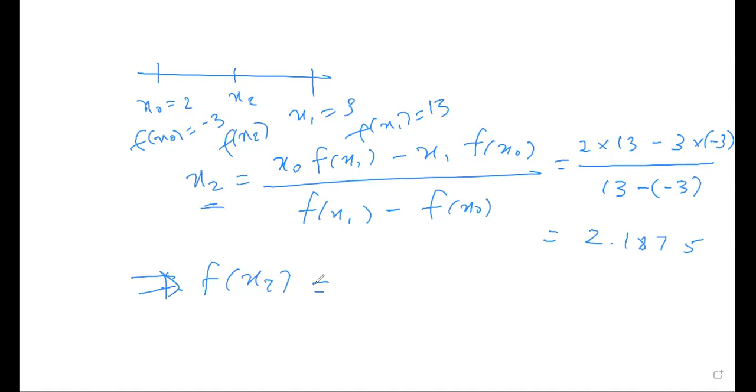Therefore, f(x2) is equal to f of 2.1875. So what is our f? f is a function of x cube minus 3x minus 5. Did you learn the way how to put the function in the calculators? 2.188. How did you get that one? 2.188?